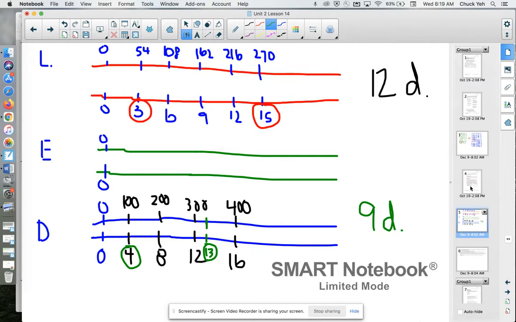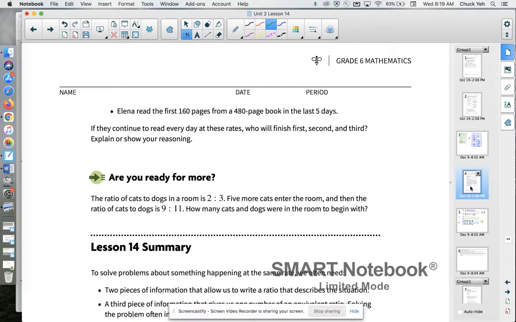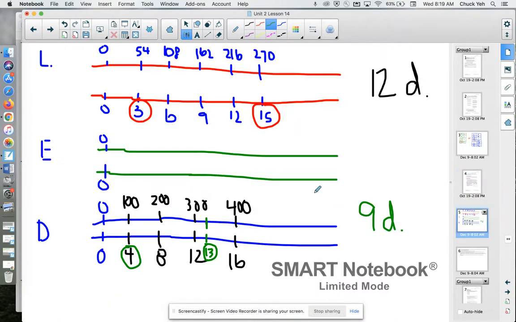All right, let's do Elena now. Elena read the first 160 pages from a 480 page book in the last 5 days. Dang, she's a good reader, man. So 160 up here, and then 5 here. Right? So let's go 10 and 15.